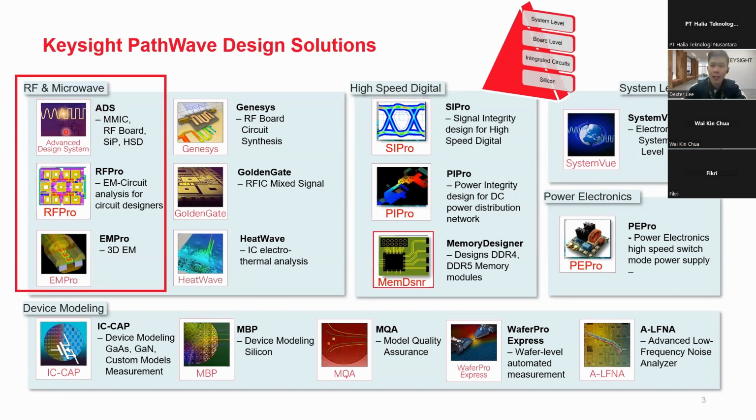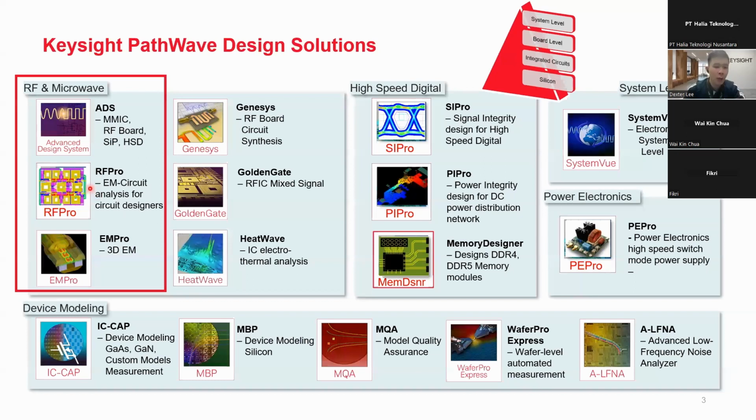We will look at ADS, mainly on MMIC application, but do take note that some of the features are also applicable if you are looking at an RF PCB board, for example. We'll look at RF Pro, which is part of the ADS software.